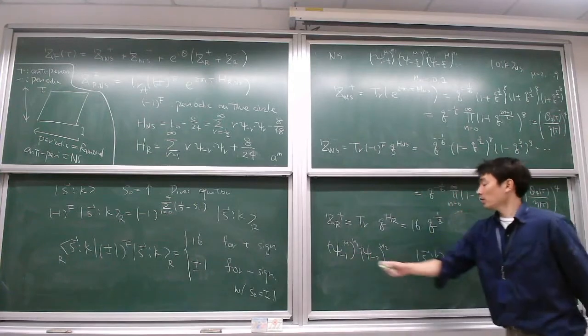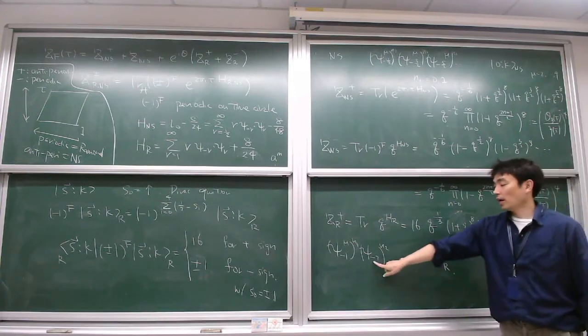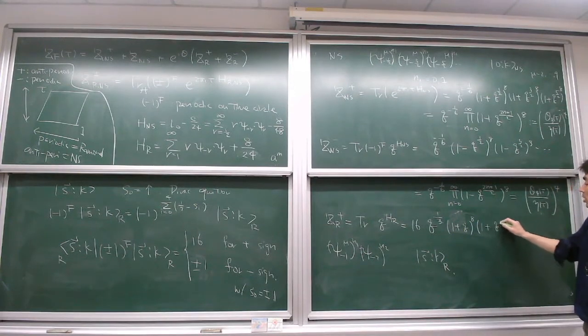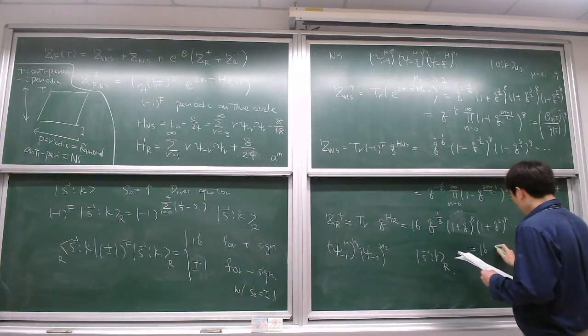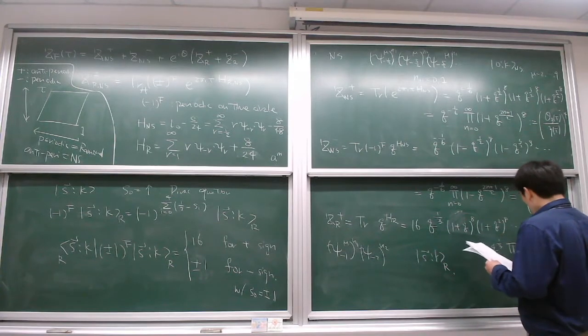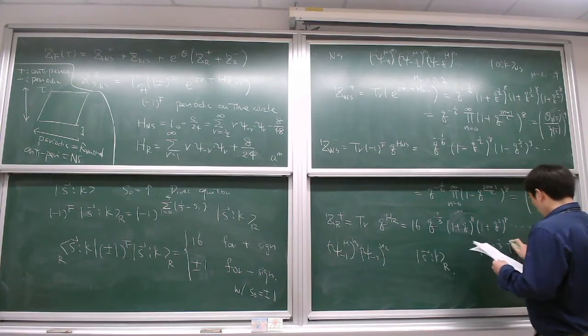If you act with minus 1, you have 1 plus q to the 8. And if you act with minus 2, you have 1 plus q squared to the 8. And so on. That's how you obtain the partition function: 16 times q to the 1/3 times the product of 1 plus q to the n, to the 8, n runs from 1 to infinity.